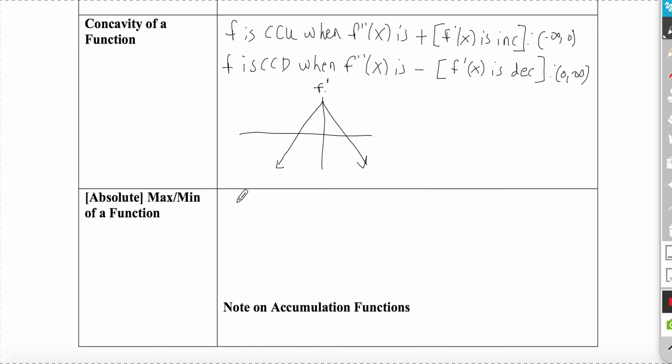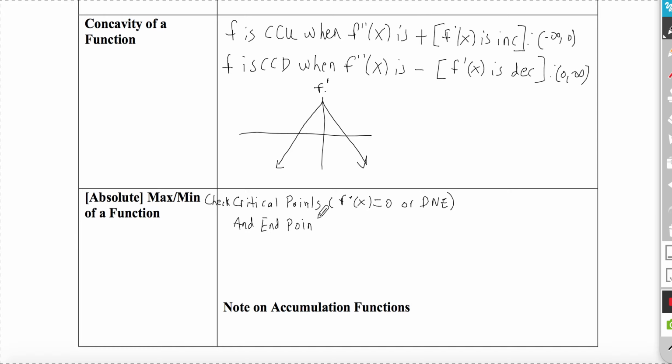And a couple reminders how to do that. We need to check critical points. The critical points, as a reminder, are where f prime of x, the derivative, equals 0 or does not exist. We check critical points and our endpoints.